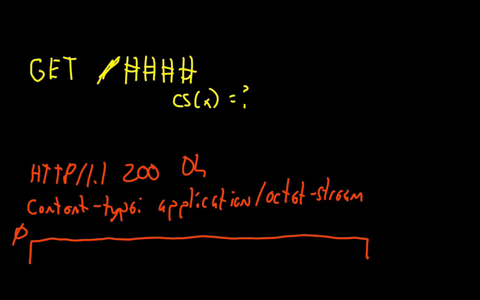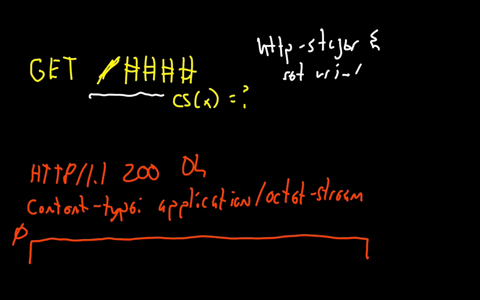Now let me explain how you can customize this. You can use the HTTP stager block. First, to change the URI, there are two options. There's set URI x86, and there's set URI x64.